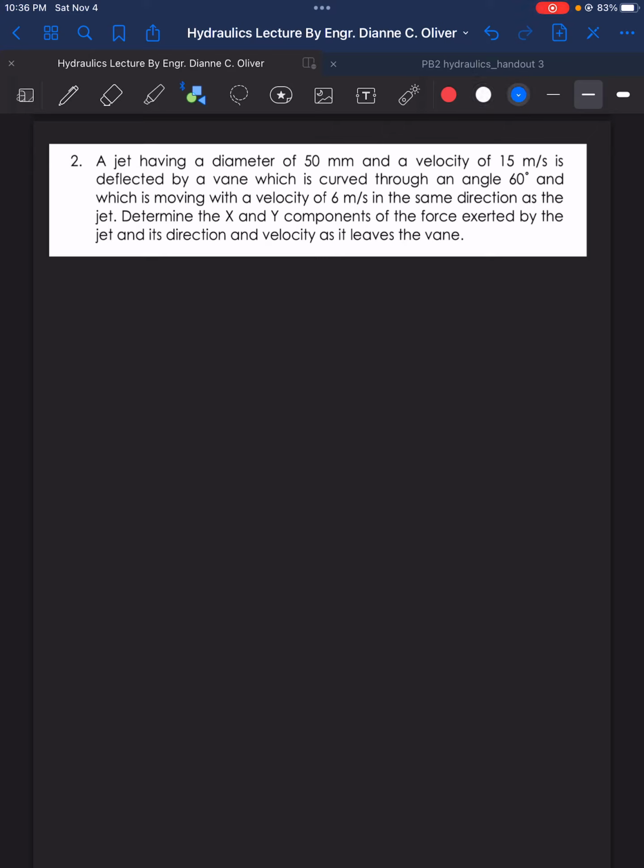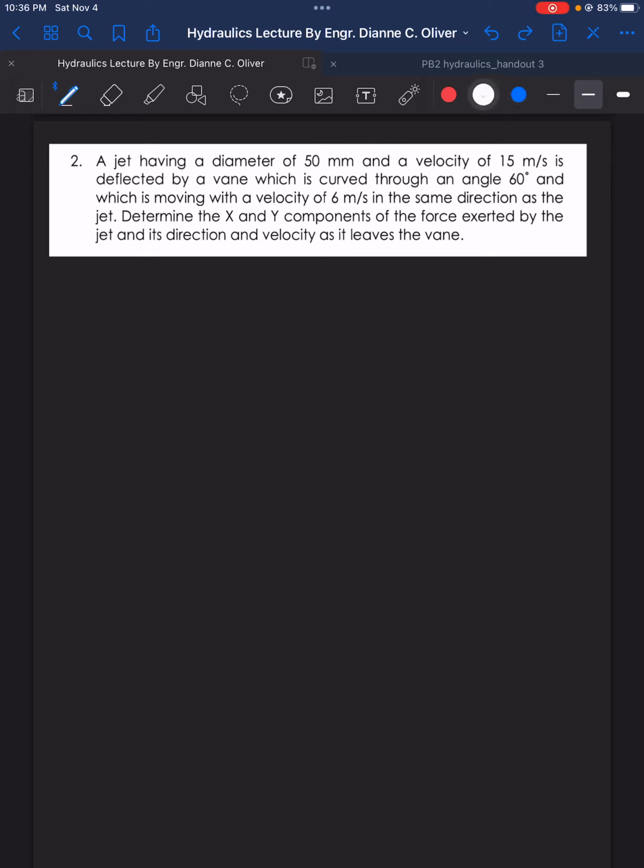So what is this 6 meters per second here? Well, it says here it moves in the same direction as the jet, and that means it is the velocity of the vane. Determine the x and y components of the force exerted by the jet and its direction and velocity as it leaves the vane.